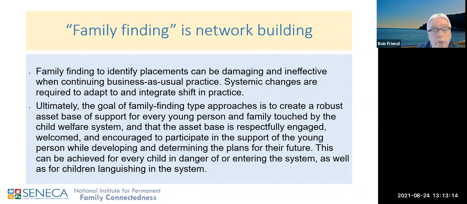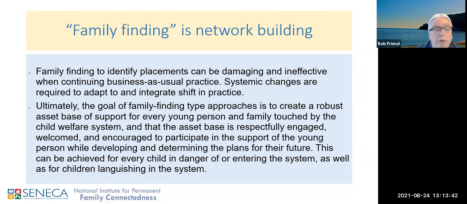If you do, and that network is involved and has significant voice and access and power in determining what the plans are for that young person now and into the future, you're doing family finding. If you don't, then you're doing pieces of family finding, but you're not really completing the intervention. The intervention is designed to be a network building intervention.